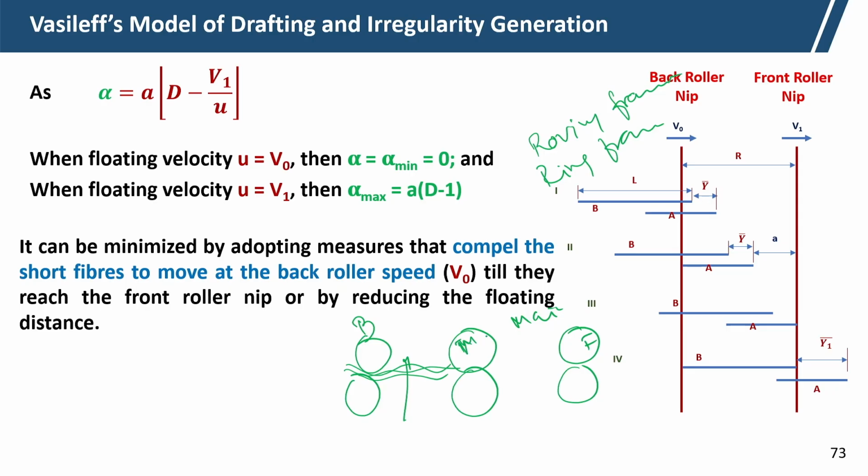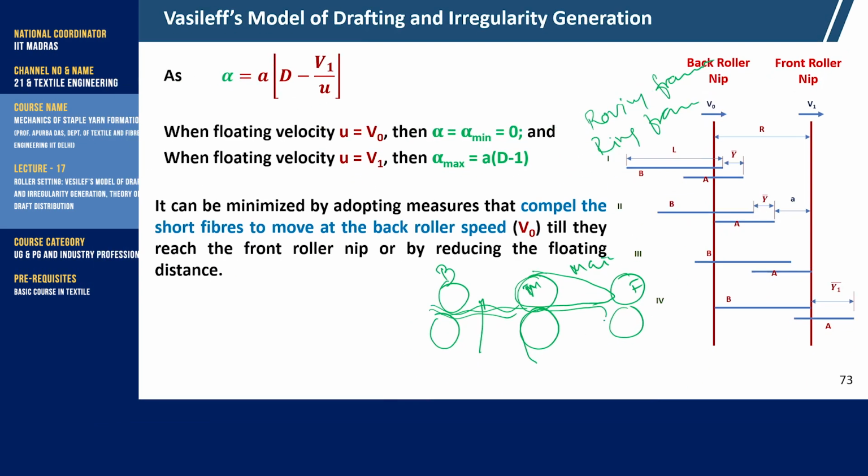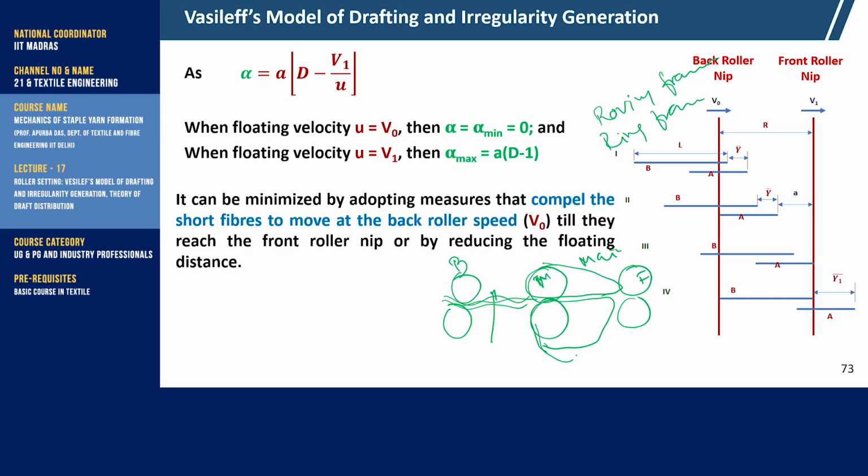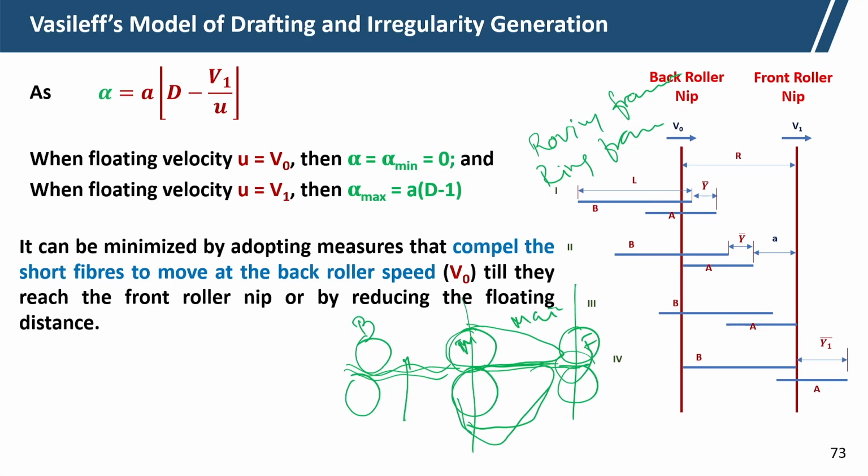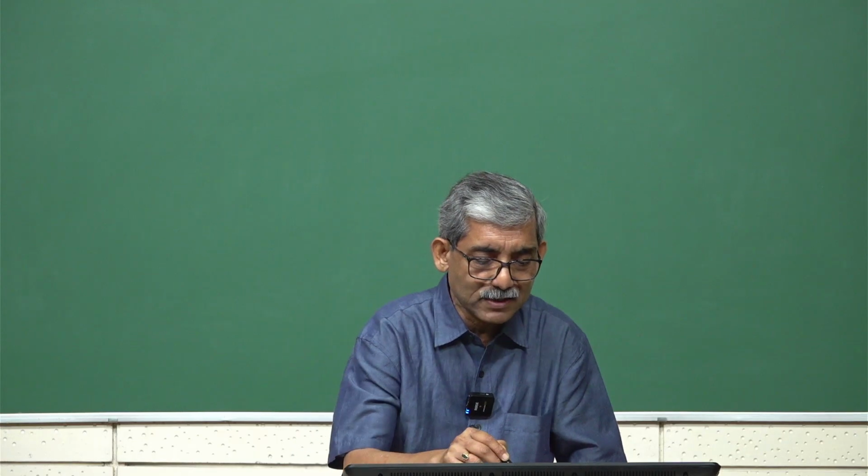In between these, we use the apron to control the floating fibers. In the apron zone, the apron moves at the speed of the middle roller, so the floating fibers move at the speed of the middle roller till they reach the front roller nip. That helps to minimize the alpha.